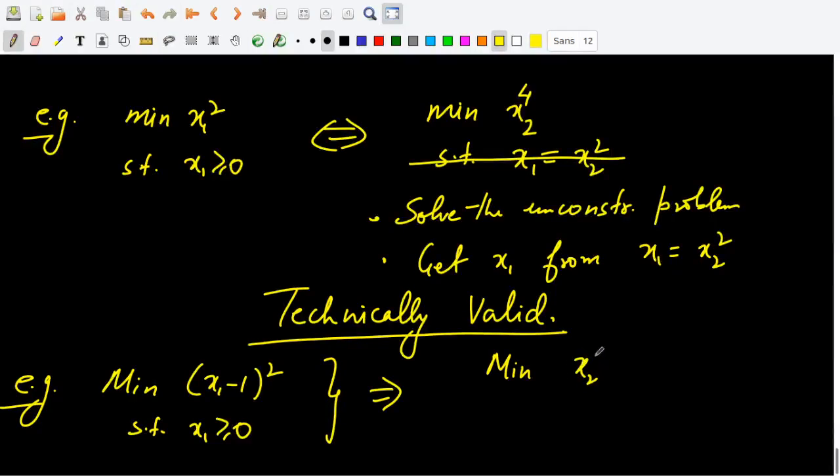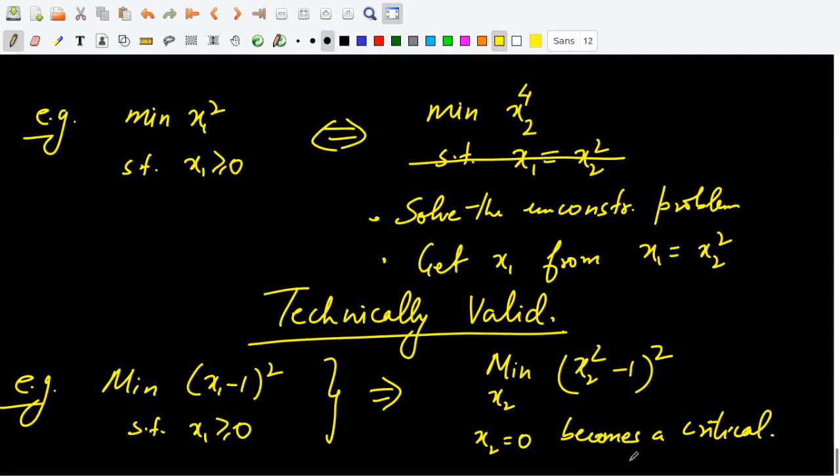So (x2 square minus 1) whole square, and now I'm minimizing over x2. Again, if I look at the critical points, then x2 equal to 0 becomes a critical point, which earlier was not.